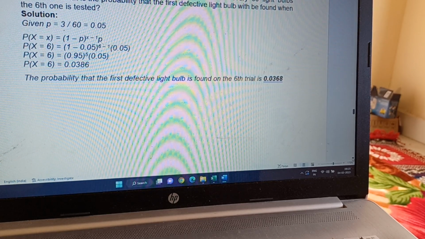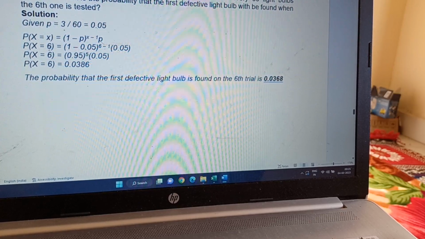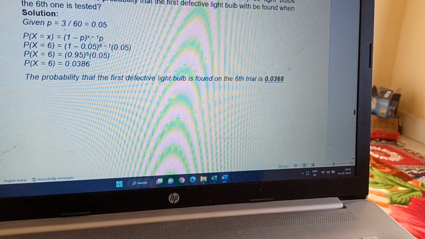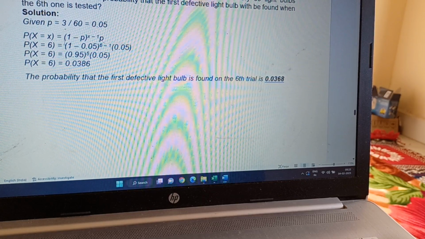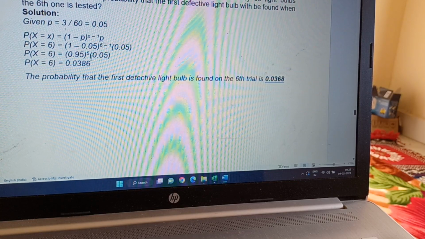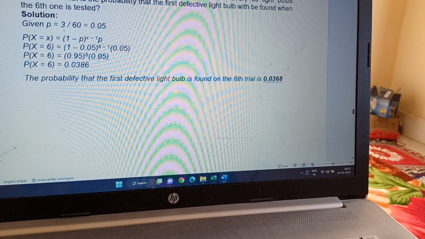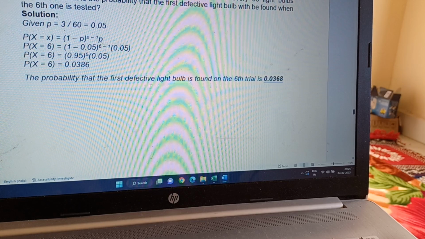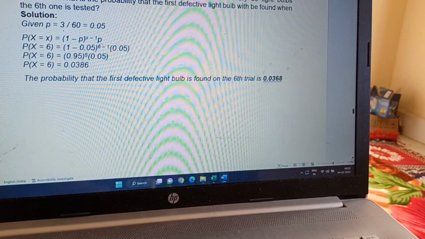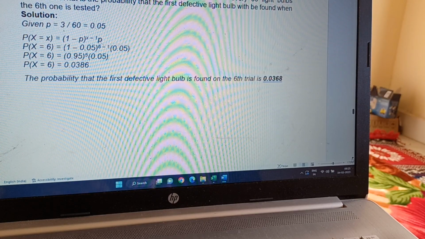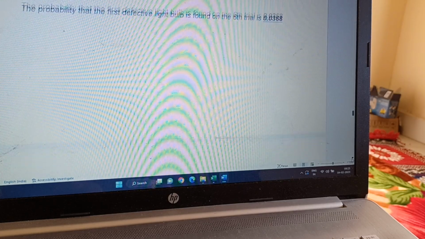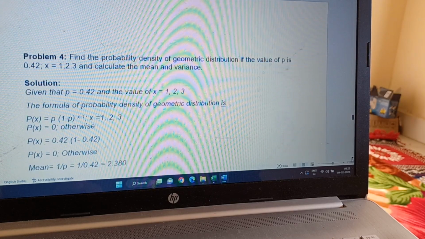It means earlier 5 bulbs have been found to be non-defective, and only the 6th is defective. So a series of failures. Since failure is 0.95 probability, because 1 minus 0.05, to the power 5, and times the 6th success. So that way we get the answer 0.0368. You can read it very easily. I have written it. You can stop my video and you can see the solution.